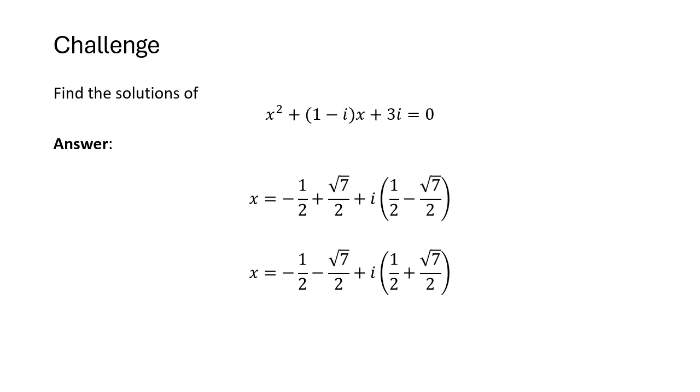Okay, we have a challenge here on the last part of our lecture. This is quite difficult, and you may not have seen this, even if you've had a little bit of experience with complex numbers. This may be new to you. The wrinkle here is that in the quadratic we have, some of the coefficients are complex numbers. And just putting these into the quadratic equation is not going to give you an easy way to the solution.